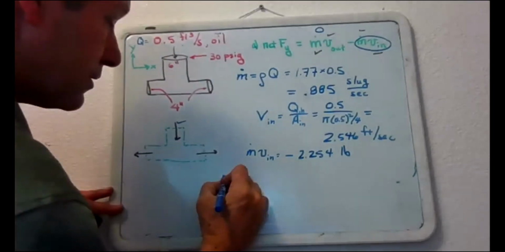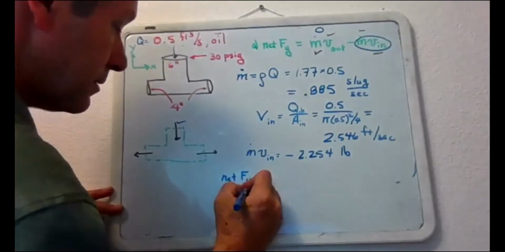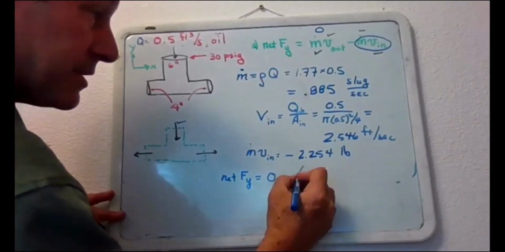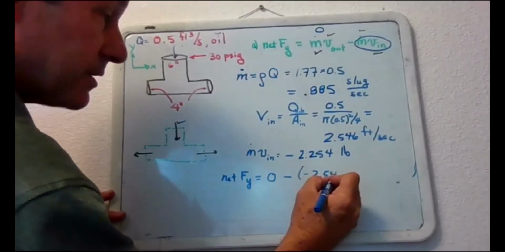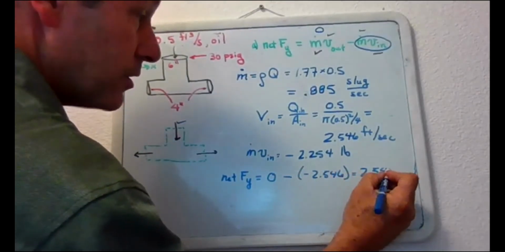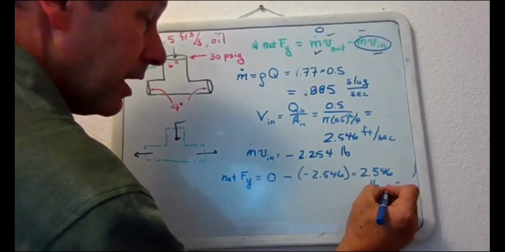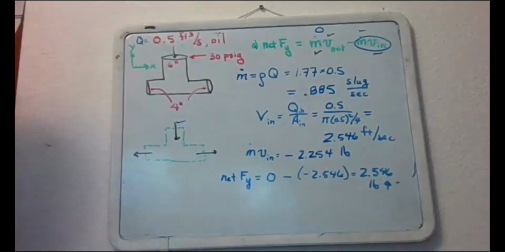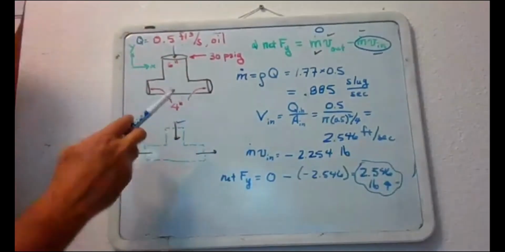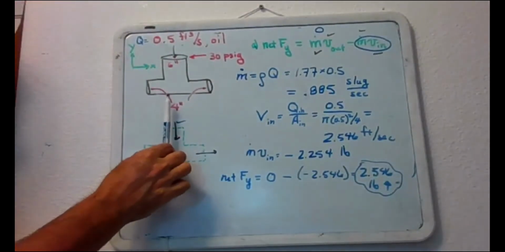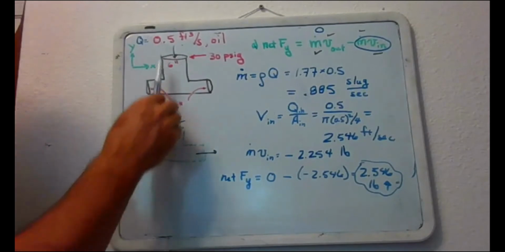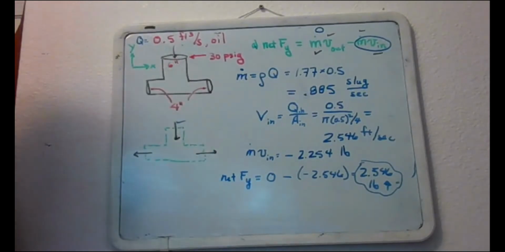The net force in the y direction is going to be equal to 0 minus this negative 2.546, and I get 2.546 pounds. Okay, and there's our answer: on the oil, there has to be 2.5 pounds of force up, in order to essentially stop the oil flowing down and get it going horizontally.